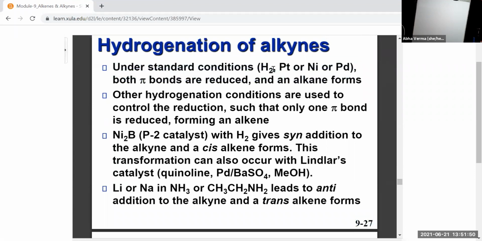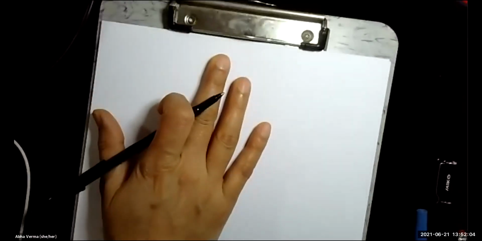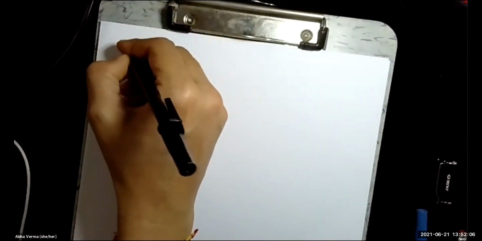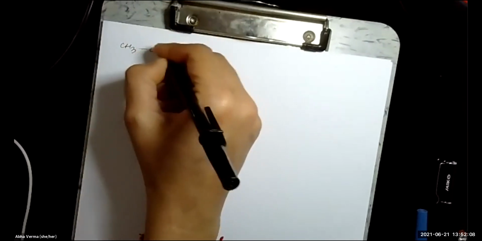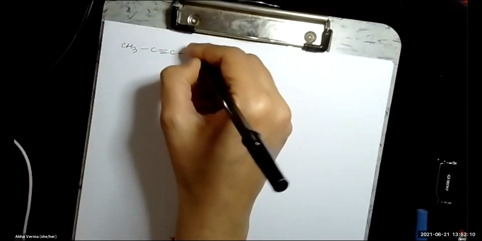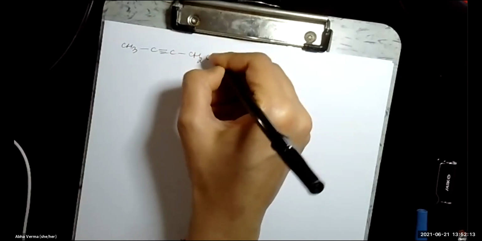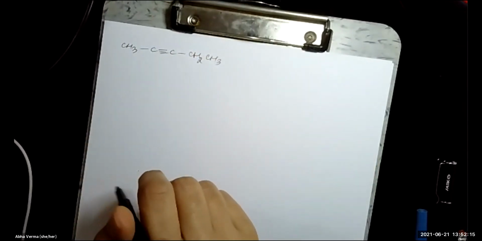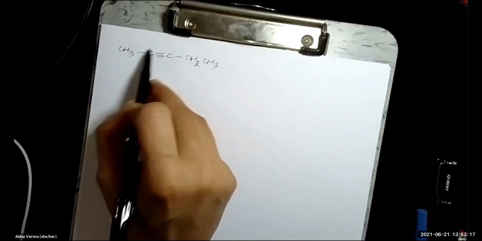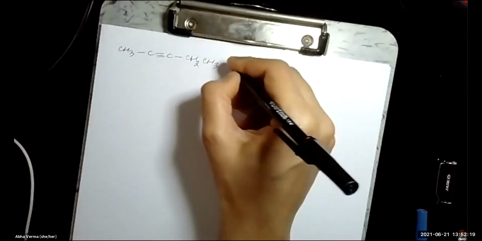Whenever you use hydrogen with platinum or nickel or palladium, you are going to reduce your alkene to an alkane. So a similar thing happens here also. Let's see, you have CH3, C, triple bond C, CH2, CH3, just for the sake of changing the structure. But this is the functional group that you should focus on.